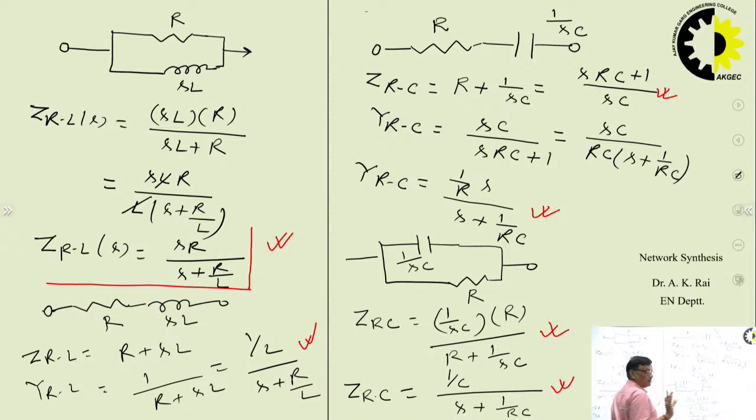If you do not remember the values of the coefficients K1, K2 in the partial fraction expansion, just do some rough work and try to find this, and then by comparing you can get the values of R1 and L1, if you are going for the Foster first, that is the impedance, or R1 C1 if you are going for the Foster second, that is the YRC.